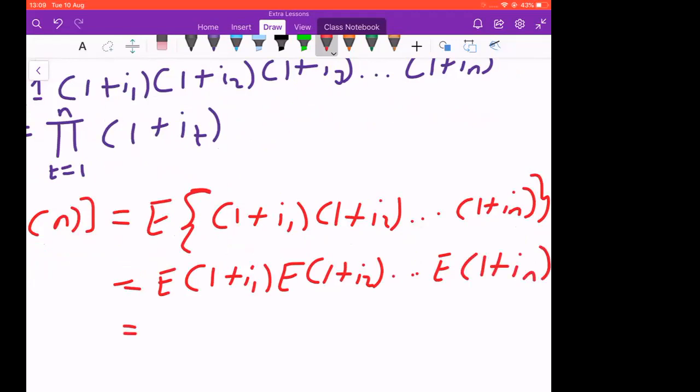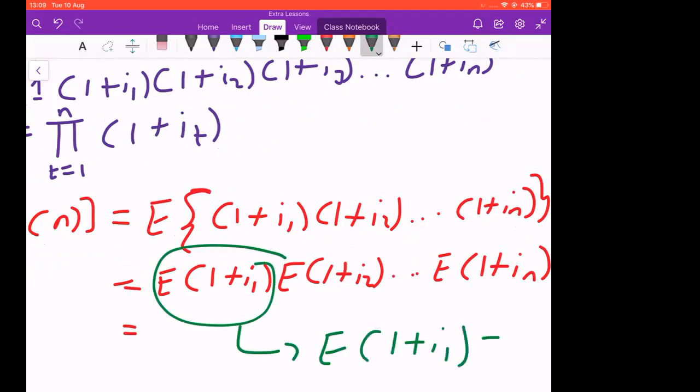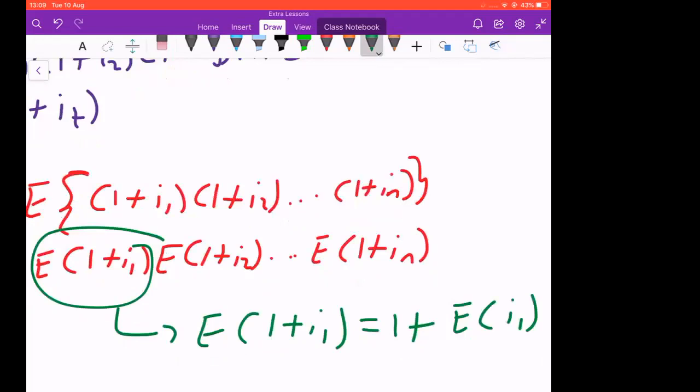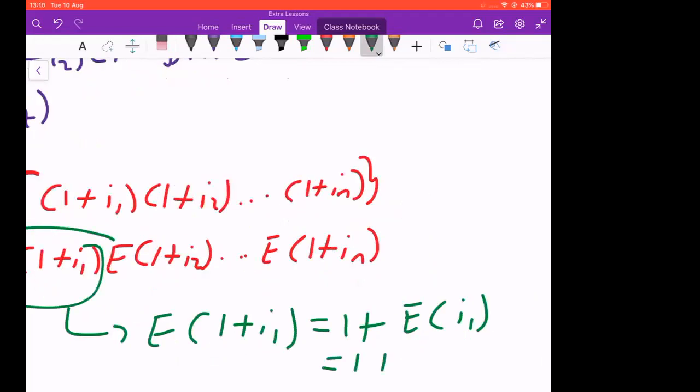I am going to zoom in here now. To find the expectation of 1 plus i_1, your answer is going to be the expectation of 1, plus the expectation of i_1. This comes from the properties of expectation. So the answer is going to be 1 plus j, right?